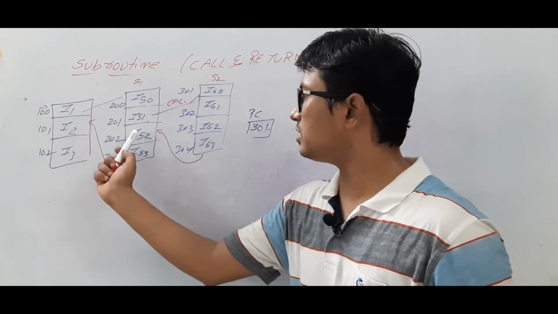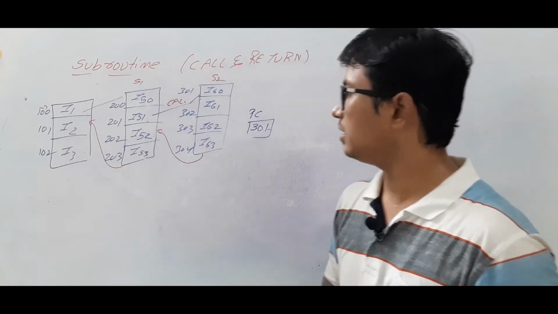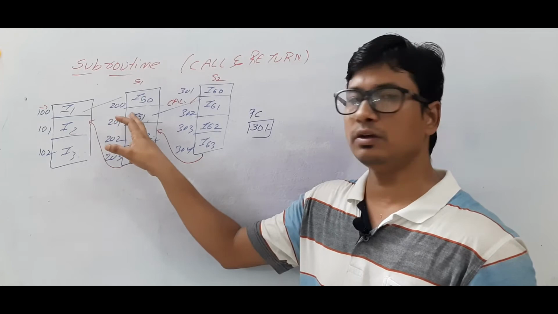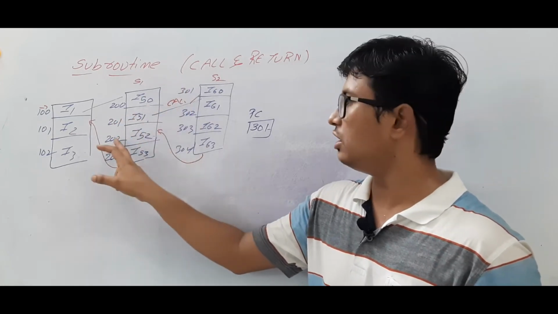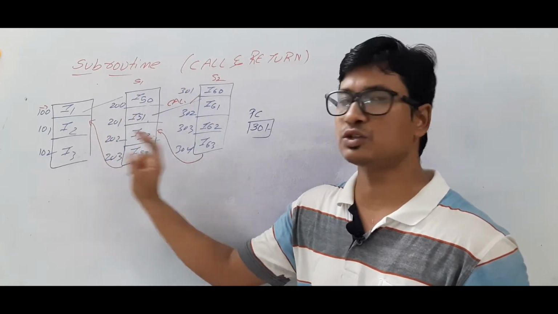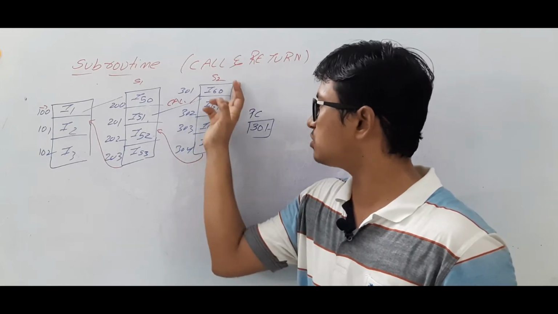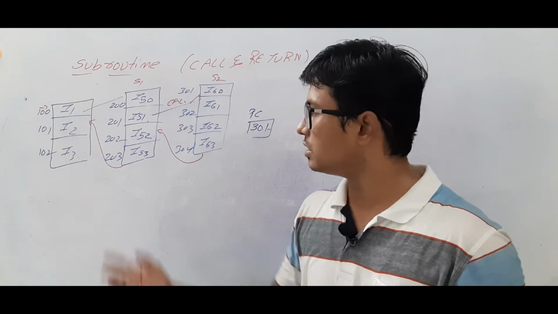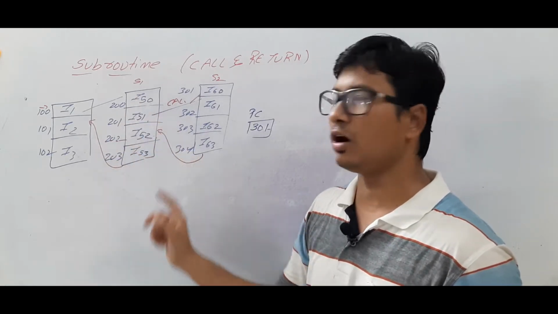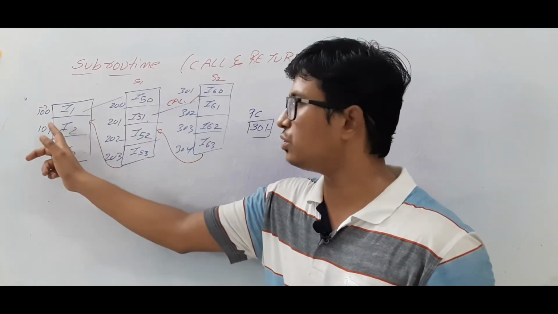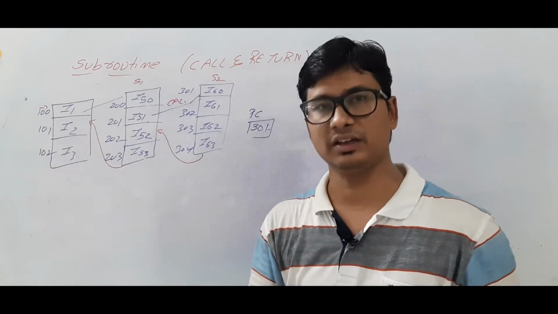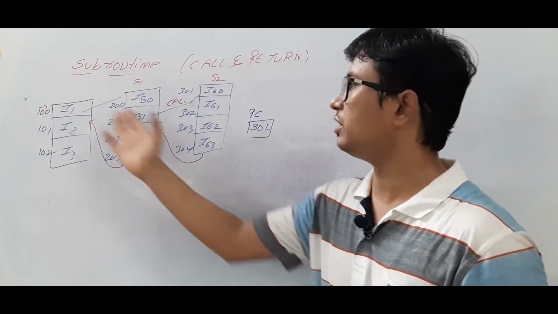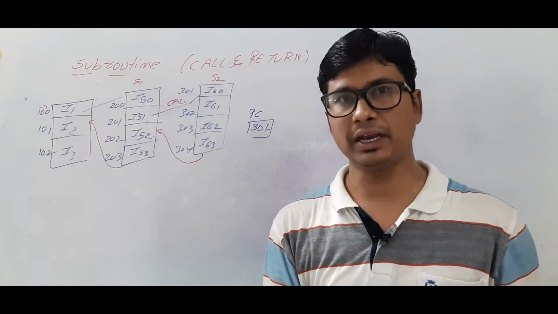If you store this address 202 while you are calling this instruction, then only once it finishes executing all these instructions, it will come back. Am I right or wrong? Similarly, once it executes all the instructions, only if you store this address 101 somewhere can it come back. Otherwise, how will it know which instruction to come back to? Am I right or wrong?